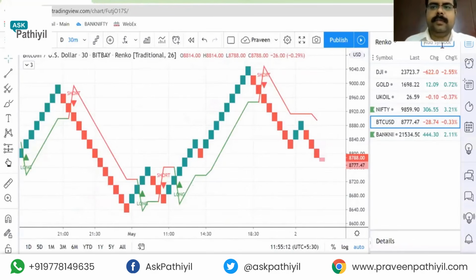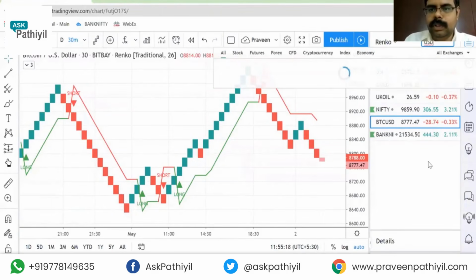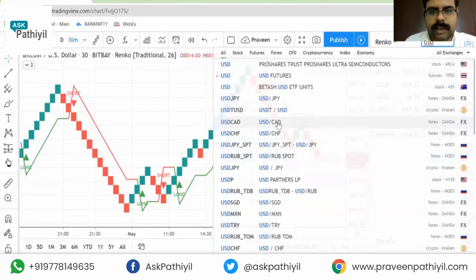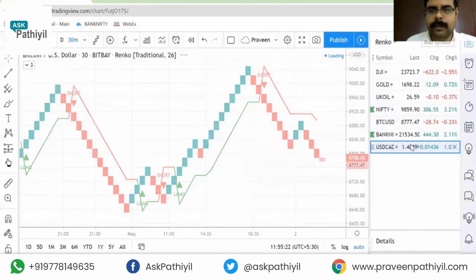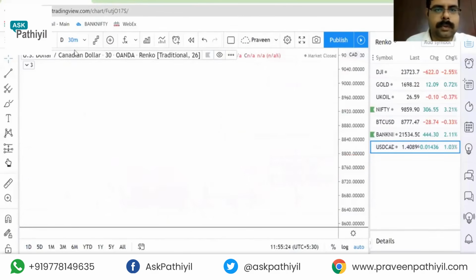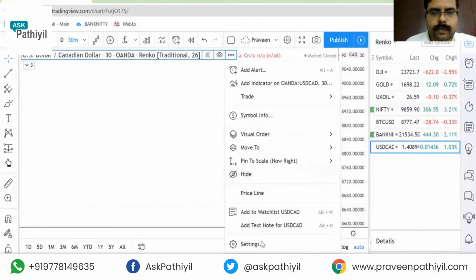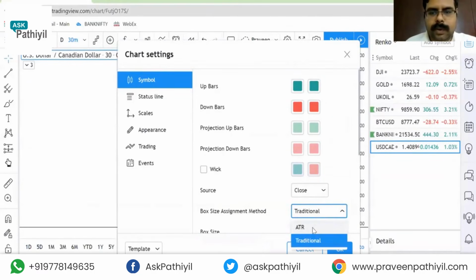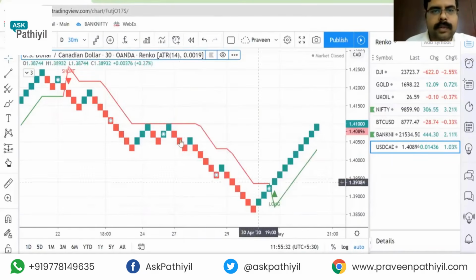It works even for, just giving you a pair of USD Canadian dollar, just showing you. First I need to go and find out the ATR value.